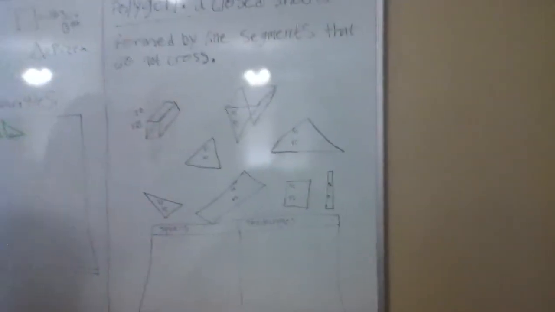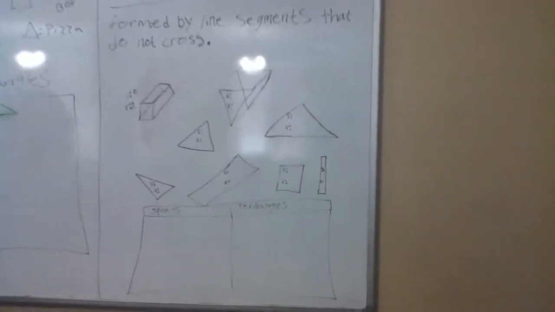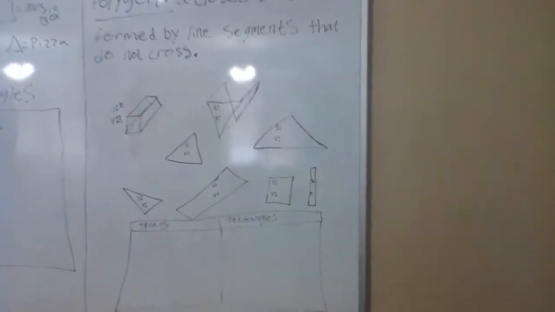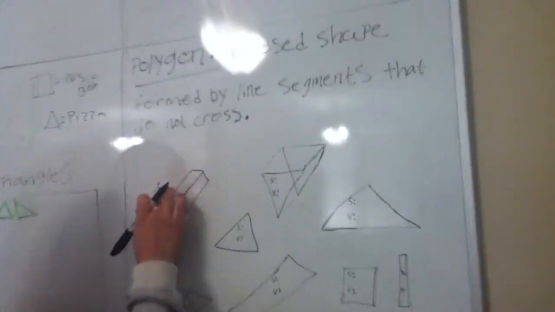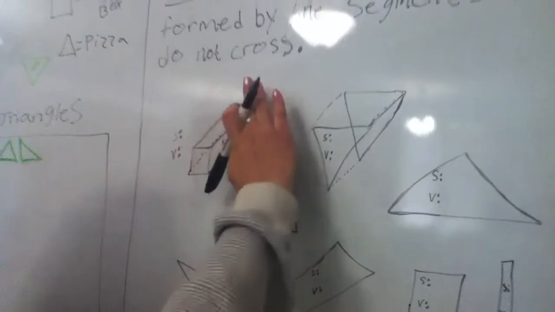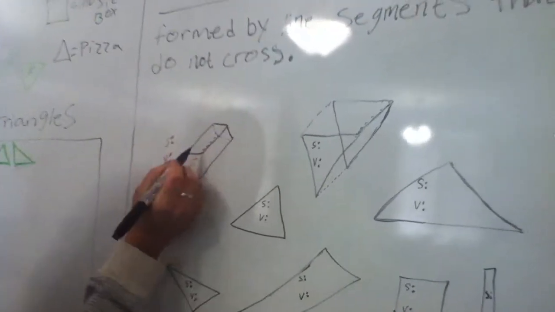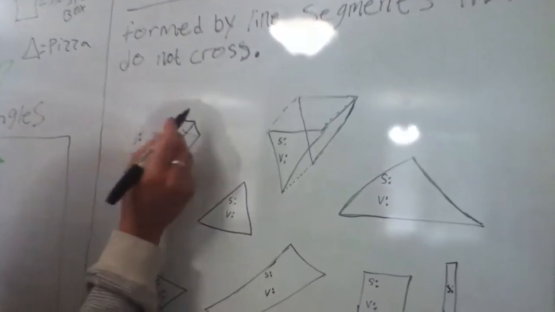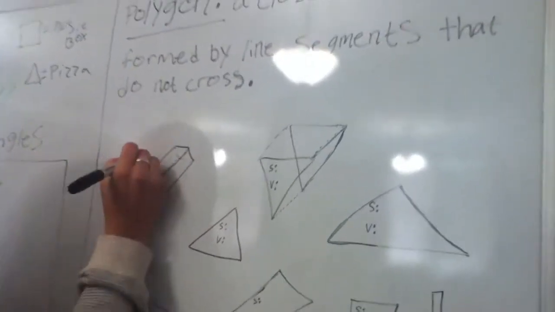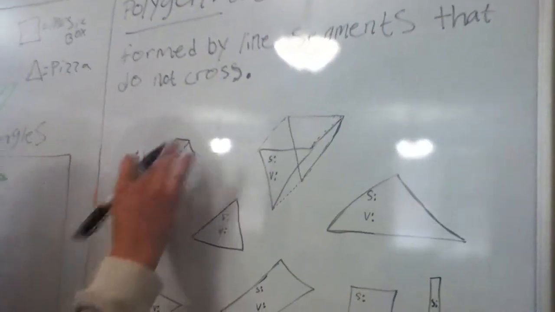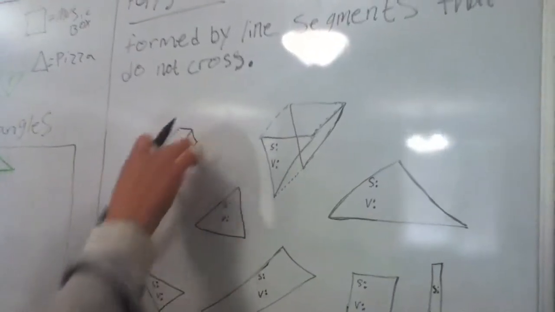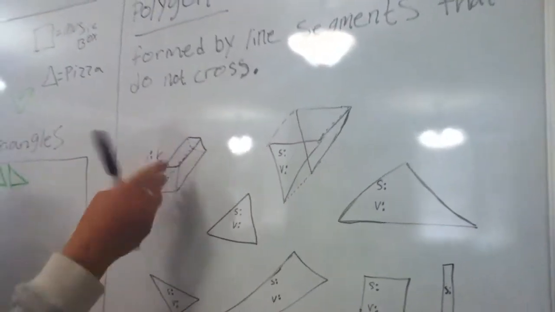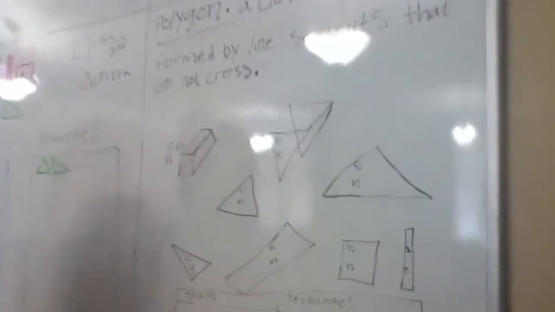First, we would count the sides and vertices of each shape. For this square, the number of sides, the long, flat sides: 1, 2, 3, 4, 5, 6. There are 6 sides. There's 1 in the front, 1 in the back, and then 4 in the middle for the top, the bottom, and the sides.